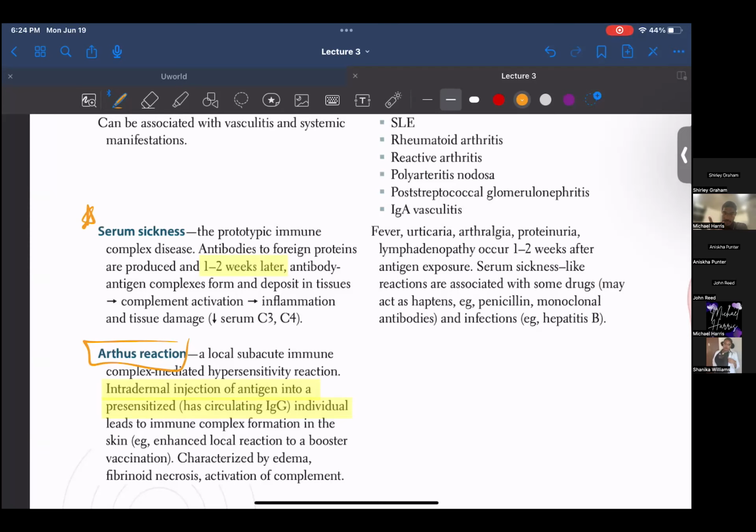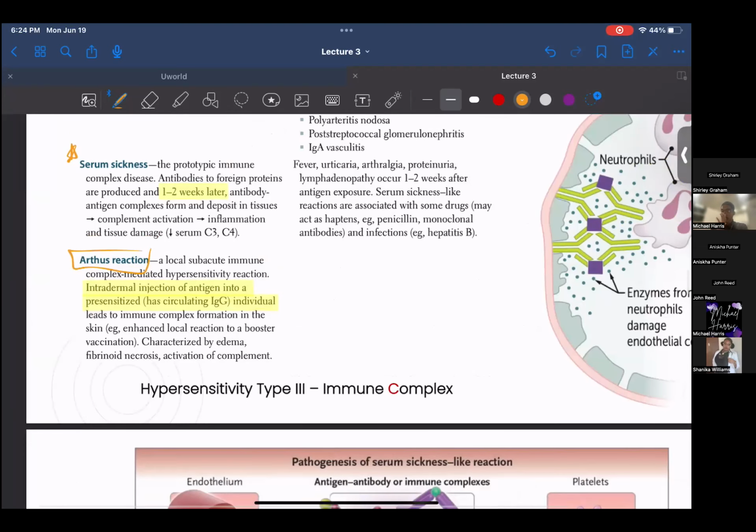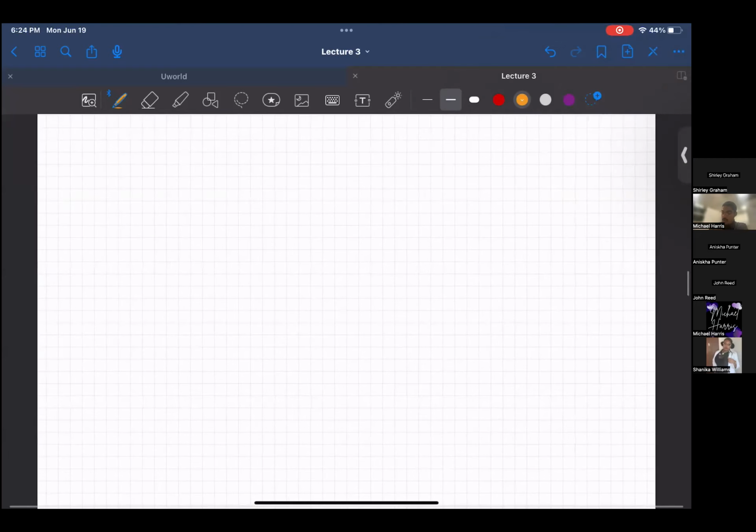The Arthus reaction is a little different. So, if any of you are diabetics, especially type 1 diabetic, you have to give yourself insulin, and you essentially inject it into the subcutaneous tissue.